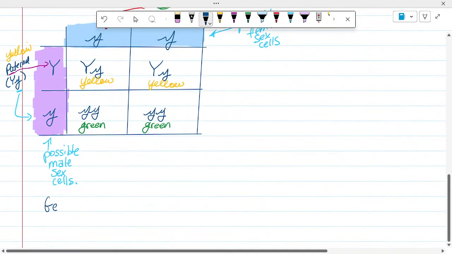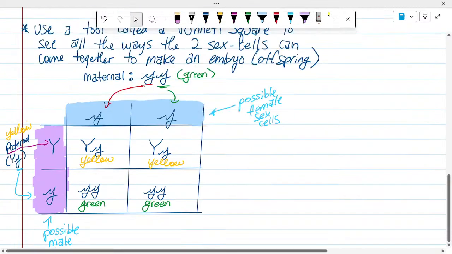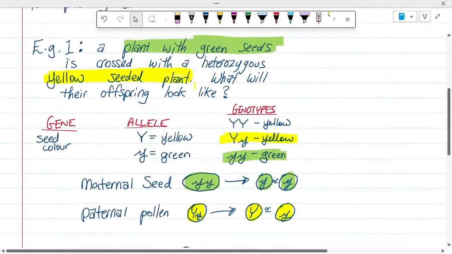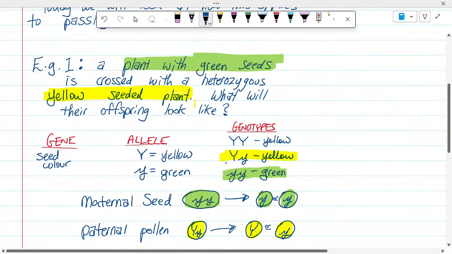So in this case, now we can talk about 2 things. We can talk about the genotypic frequencies, which sounds fancy, but really it just means how frequently do we see each genotype. And if we look up here, we said there's 3 possible genotypes, right?